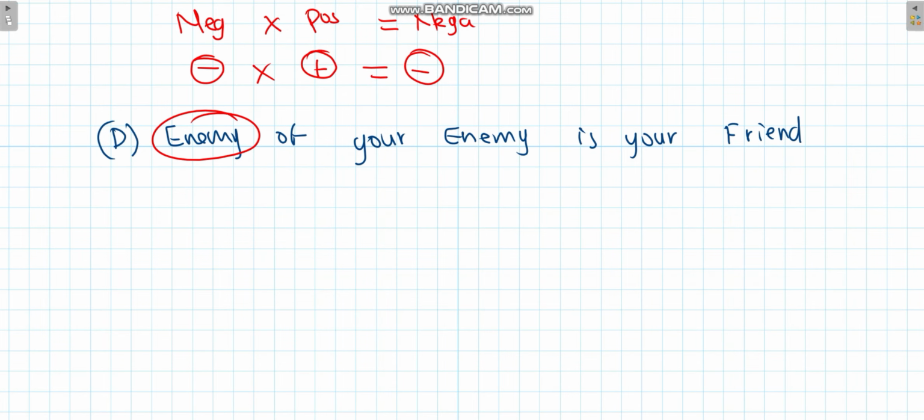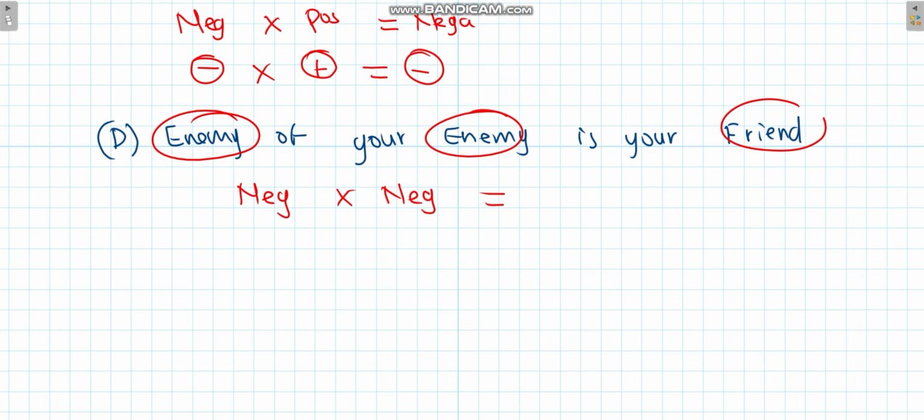So an enemy, which is negative, times an enemy, which is negative, will be equals to a friend, which means is equals to positive. So negative times a negative is equals to positive. So it's important. Okay. So now let's do our questions.